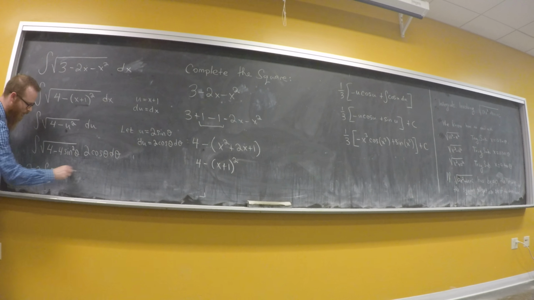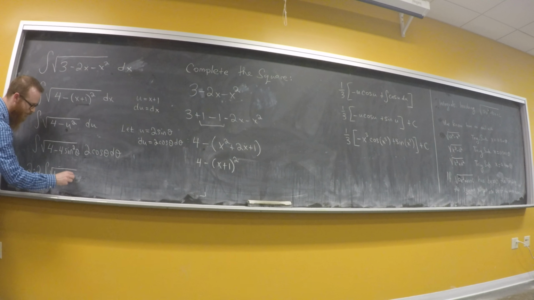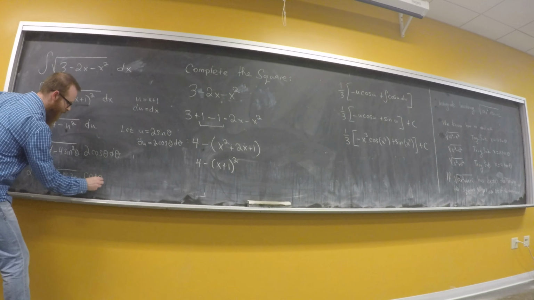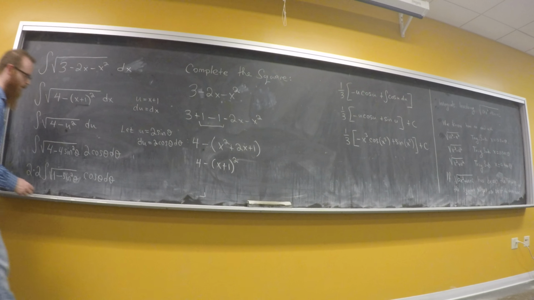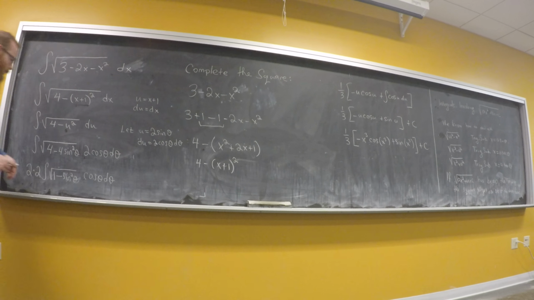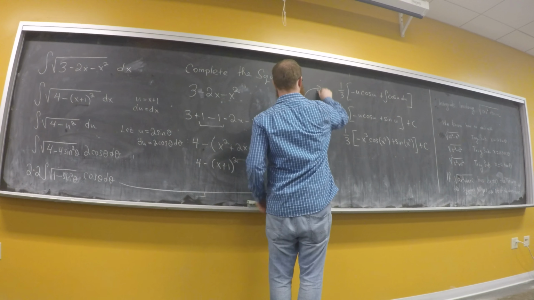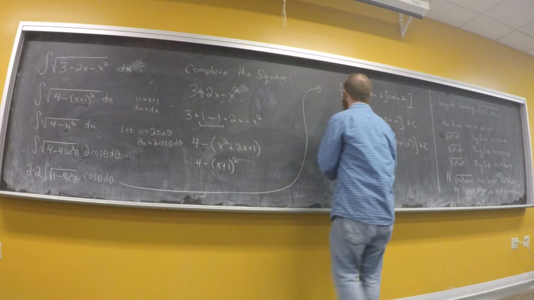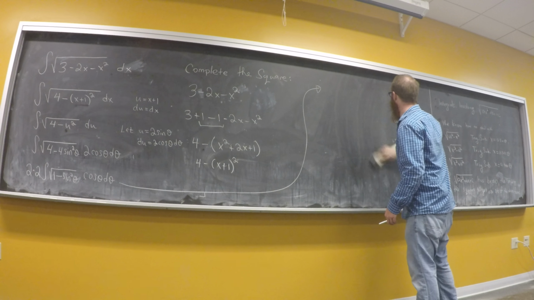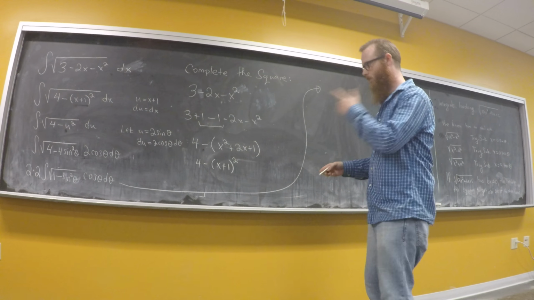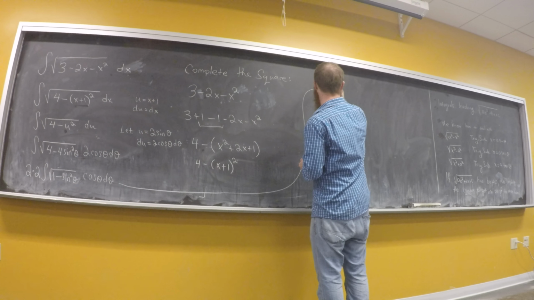So I get the integral of the square root of 1 minus sine squared, and then outside cosine theta d theta. Okay, let's scooch it over here. So let's see, we've got 4.